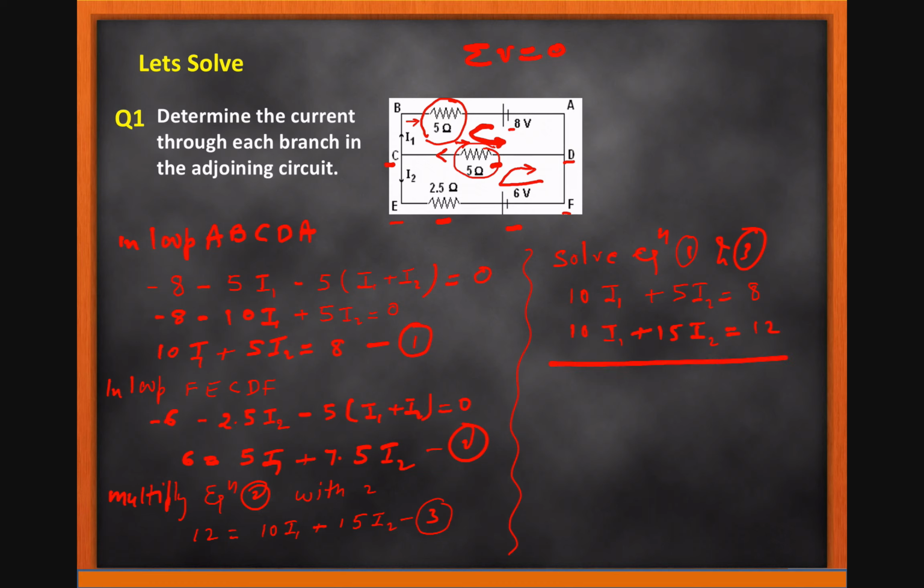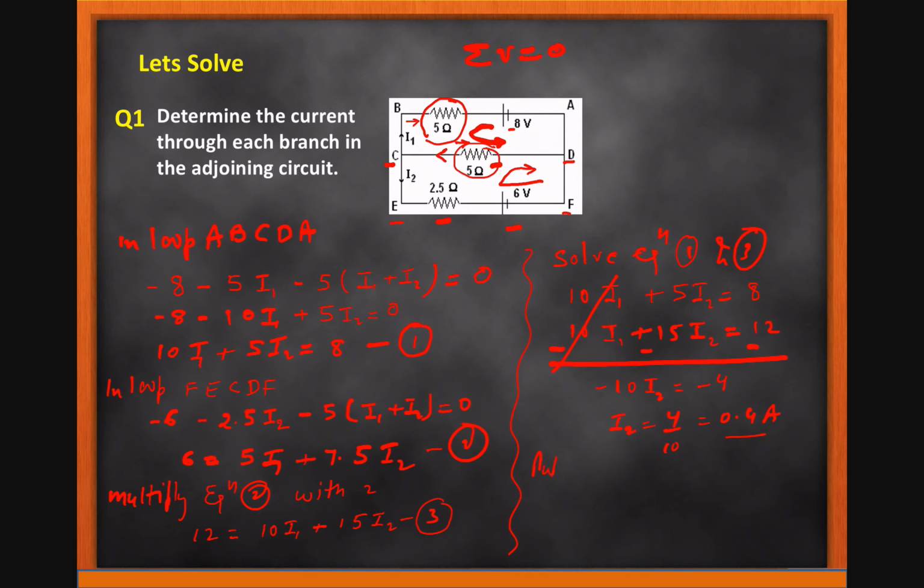So subtract: these two will cancel, and the answer is minus 10 I2 is equal to minus 4. So I2 is equal to 4 upon 10, or you can say 0.4 ampere.